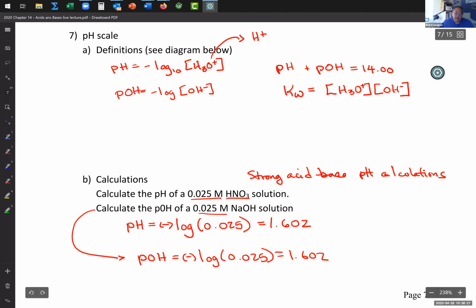That's from that equilibrium stuff that we did in chapter 15. And this is chapter 14. This is why I do 15 first, because they bring all these things in that you need from chapter 15 in the last two chapters, and I don't know why they just don't do it first.